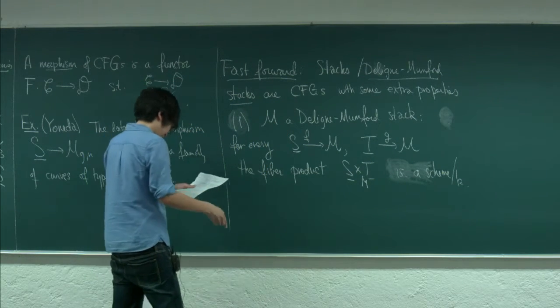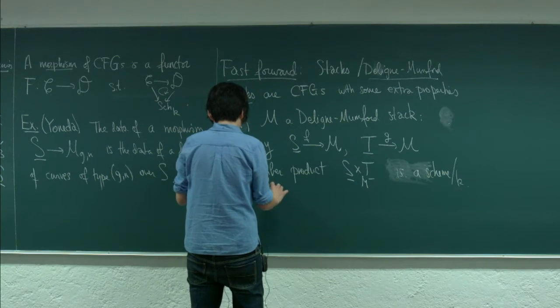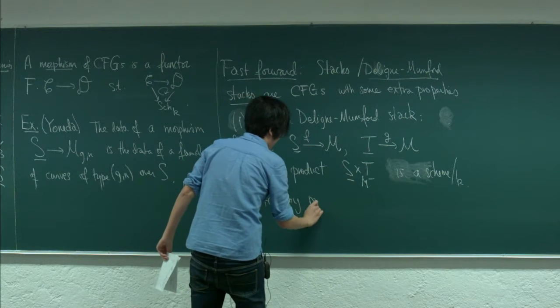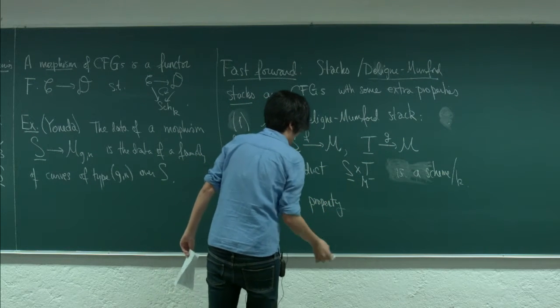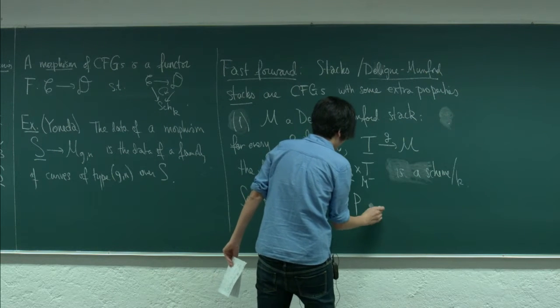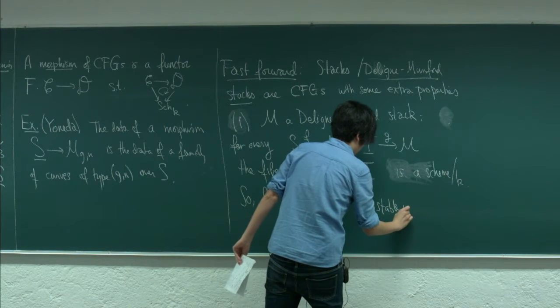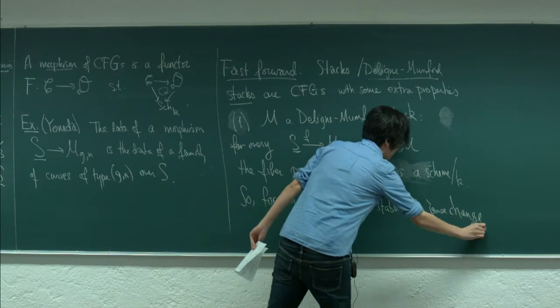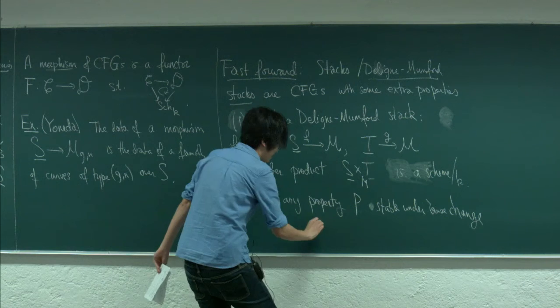Let me write that. So for any property P that's sort of reasonable, that's stable under base change, so a property of a morphism, right?